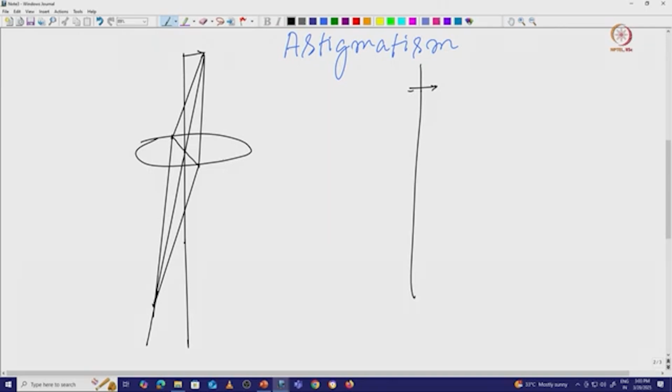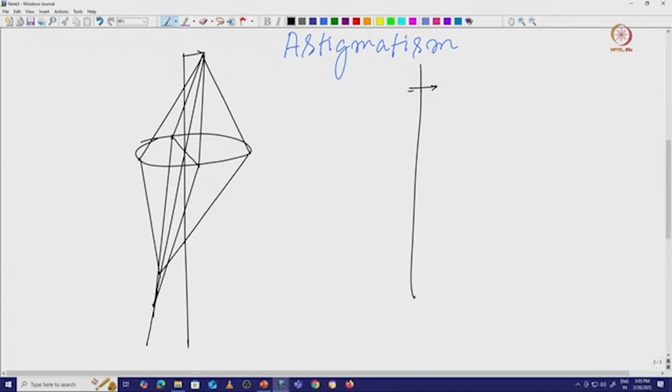This is one part, but there will be other rays that come and merge somewhere here, and finally they will converge at this particular point.